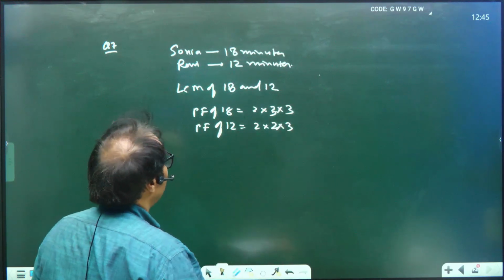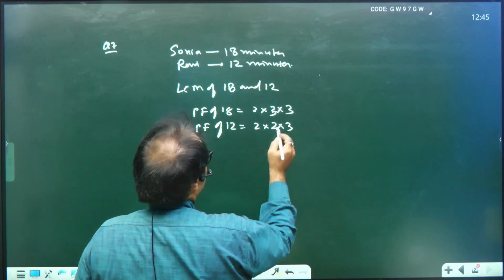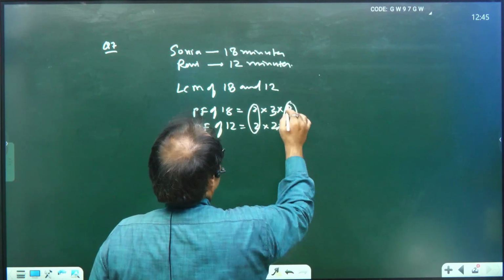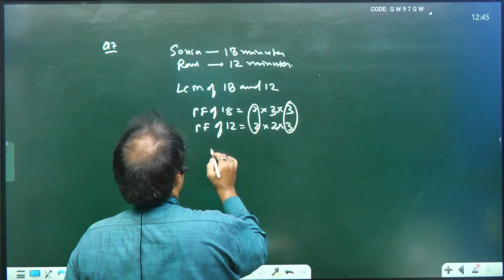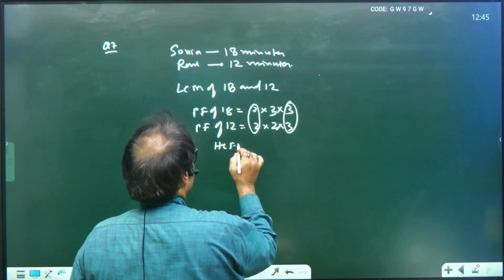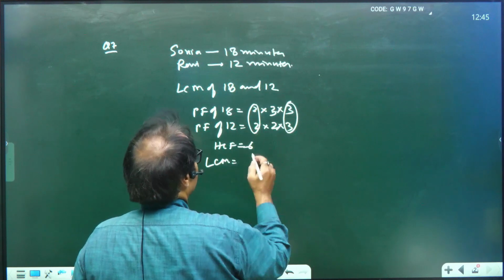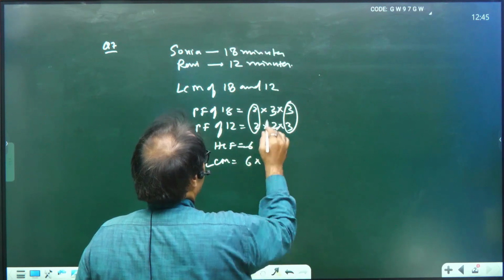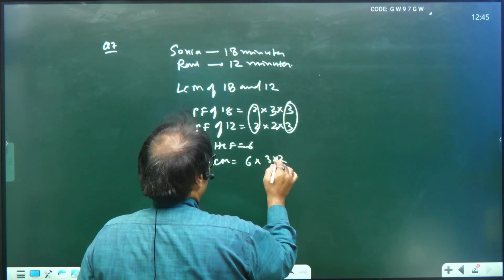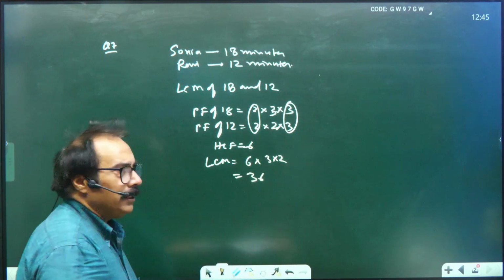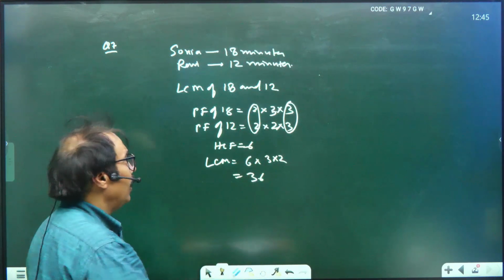The common factors are this 2 and this 3, so the HCF is 6. And the LCM is the HCF times the remaining 3 and 2. So the product is finally 36, meaning after 36 minutes they will meet again.